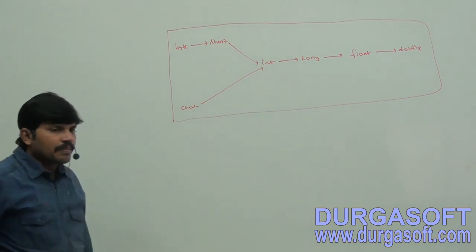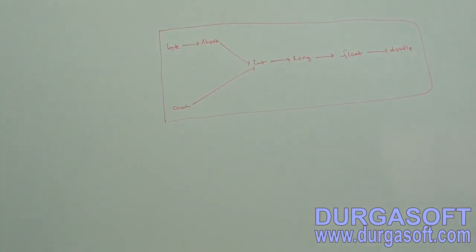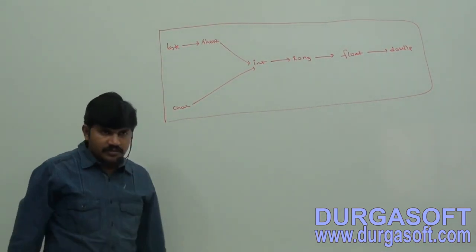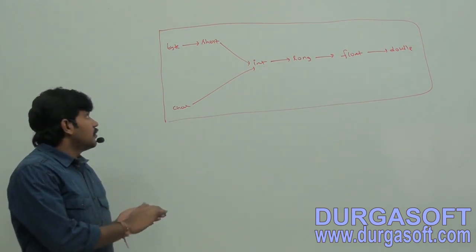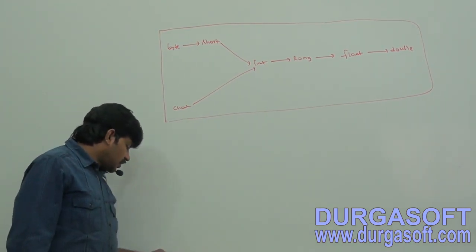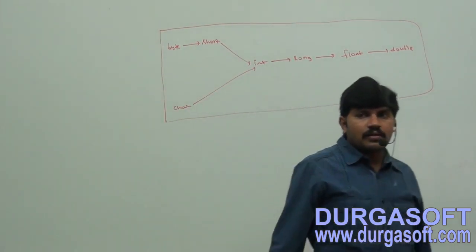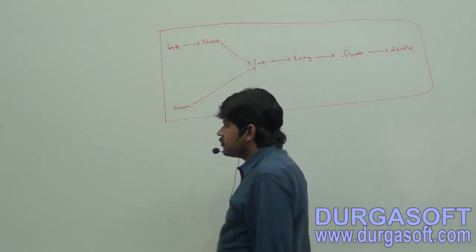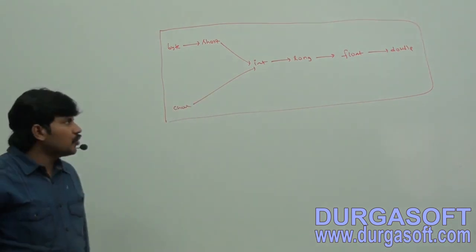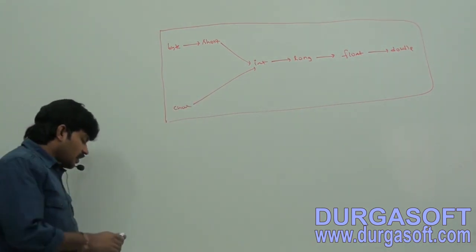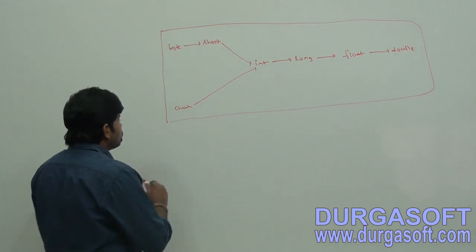First take this diagram, and if you have some doubt, I will clarify, not required to worry. First take byte to short, short to int, int to long, long to float, double. Next char to int, like this.